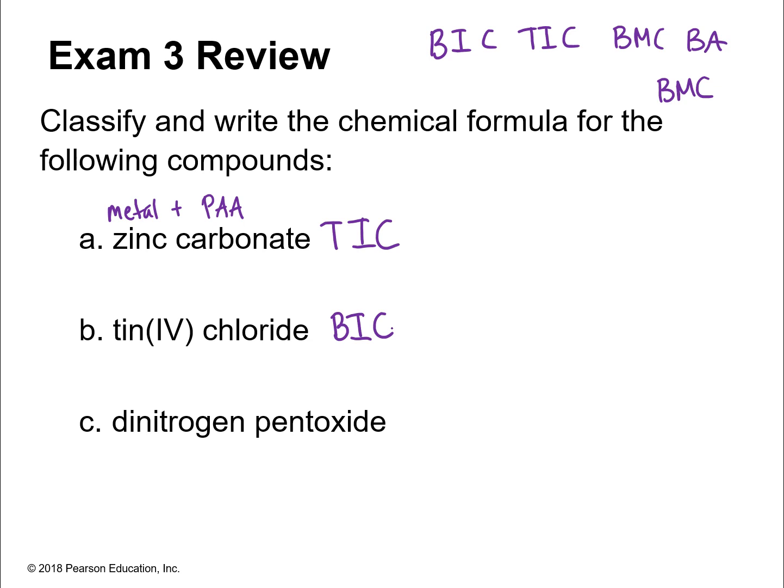So it's a binary ionic compound. Metal plus a nonmetal. What about the last one in C? What do we have? It's a binary molecular. We've got 2 nonmetals.